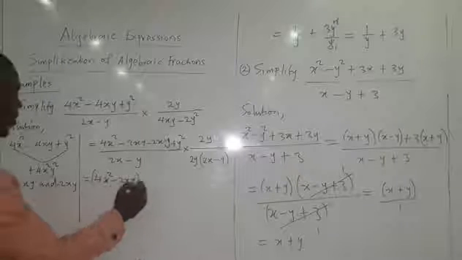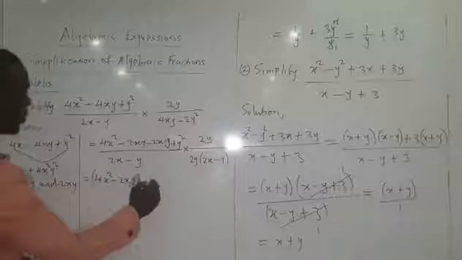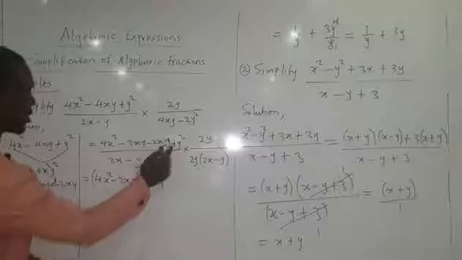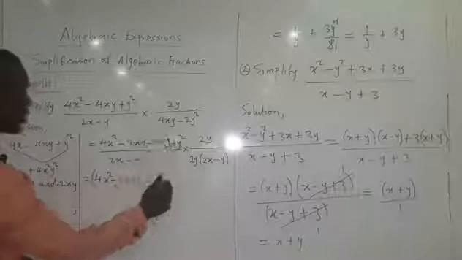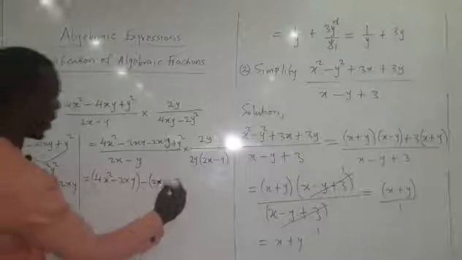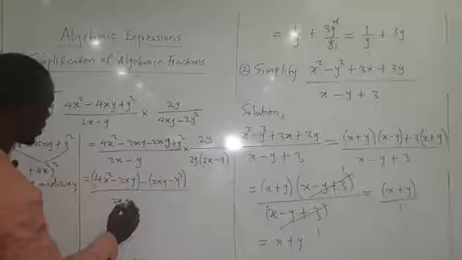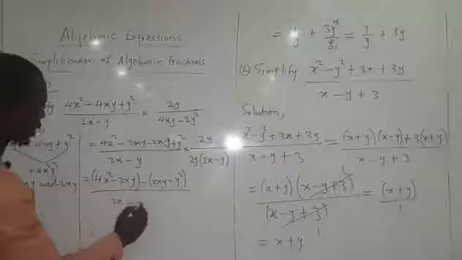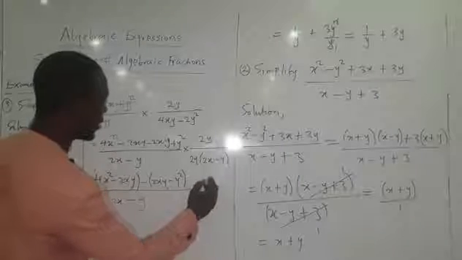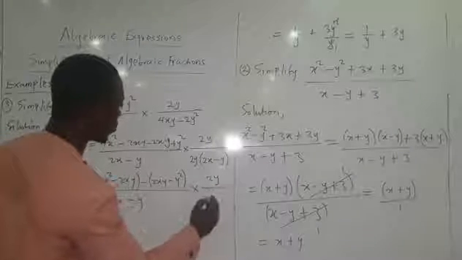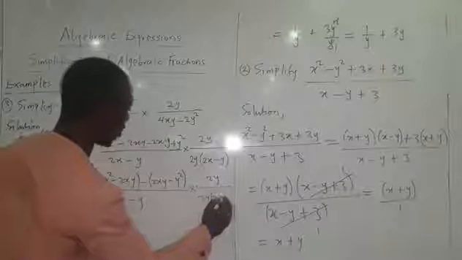Then the second one, factor out minus, so we'll be left with 2xy. Then if you extract minus from plus, it's going to be minus y squared. So all over 2xy, 2x minus y. Then multiply by 2y, all over 2y into 2x minus y.